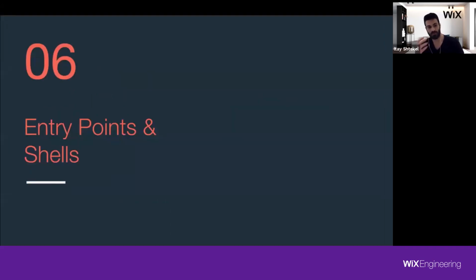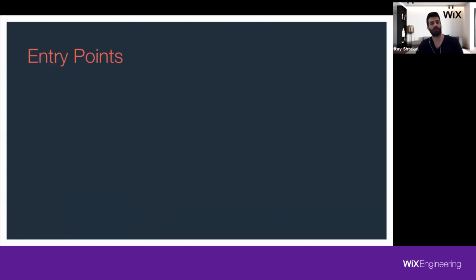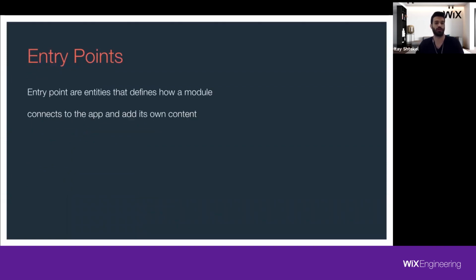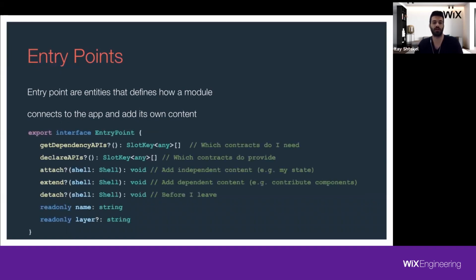The other parts we have in Repluggable are entry points and shells. Entry points are the way we package the content and contribute it into the system. An entry point is essentially a way to take module content and add it to the app.